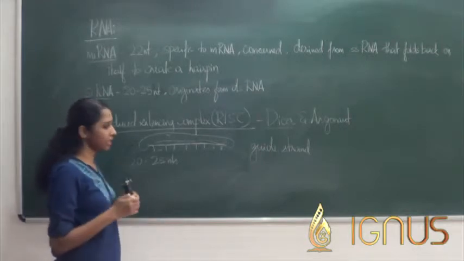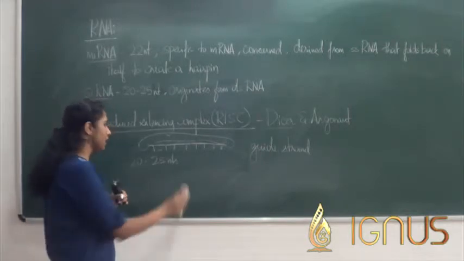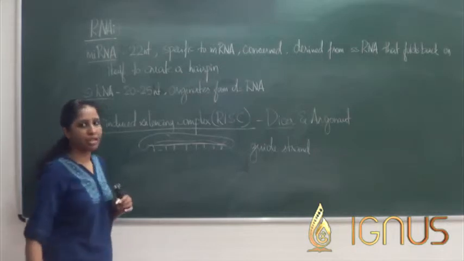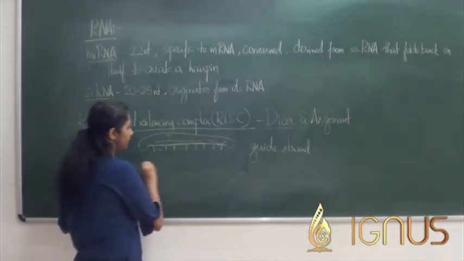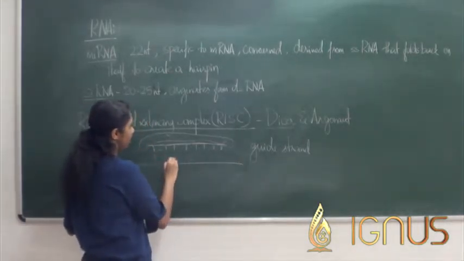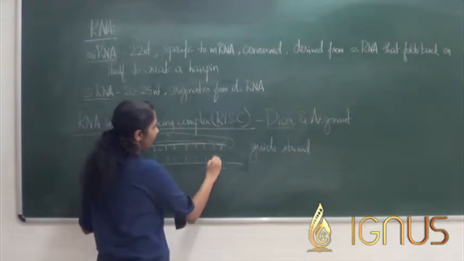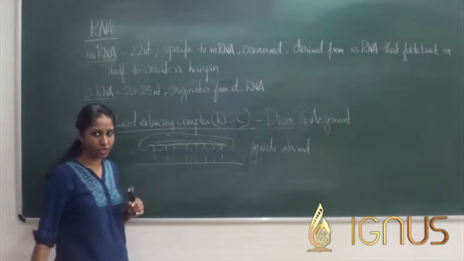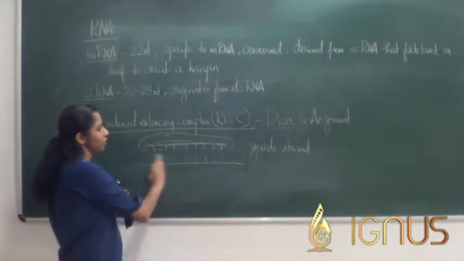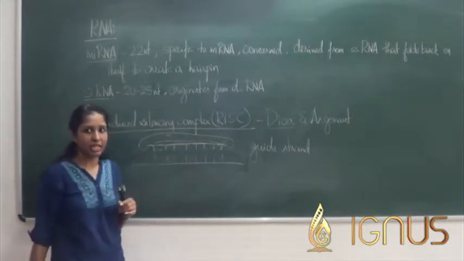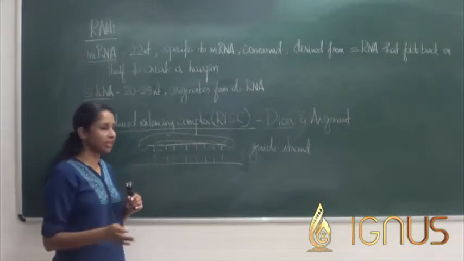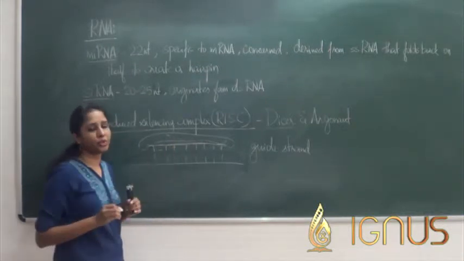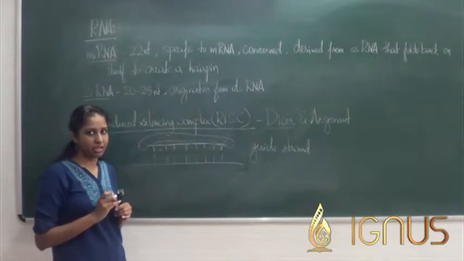What is complete complementarity? Complete complementarity means that the target RNA needs to have complete base pairing with the guide RNA. So the guide strand of the RNA, which is currently attached to the Argonaute, is going to have complete complementarity to the target, and this occurs only in the case of siRNA.